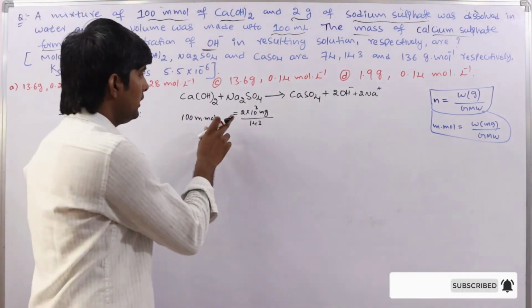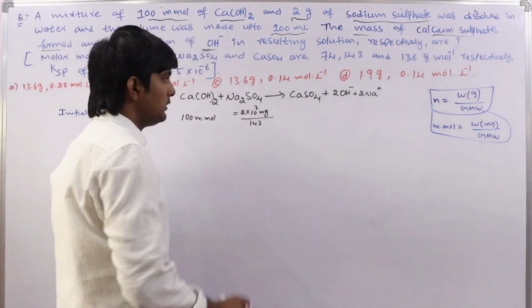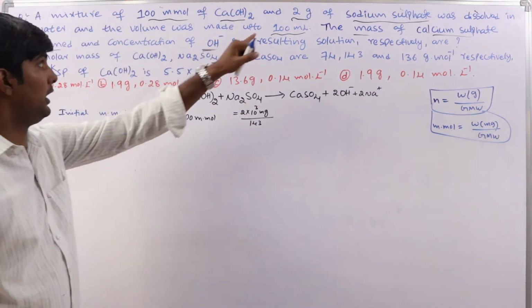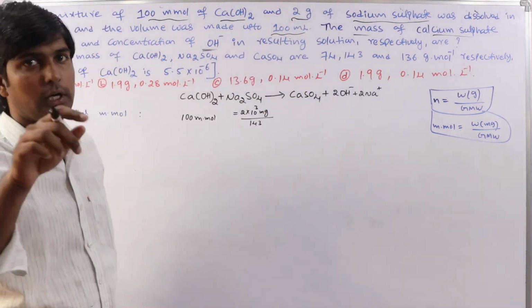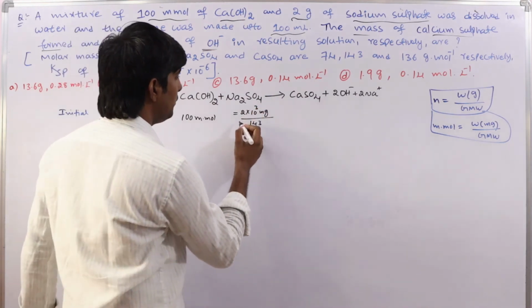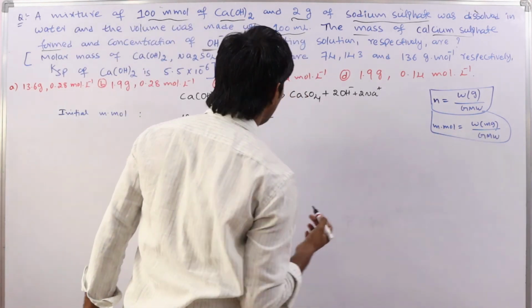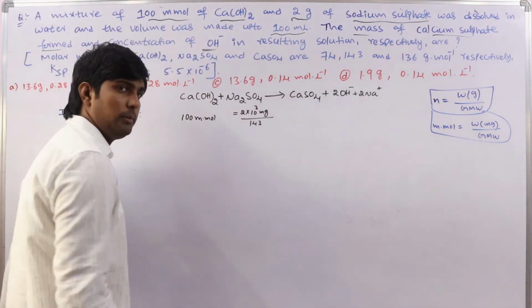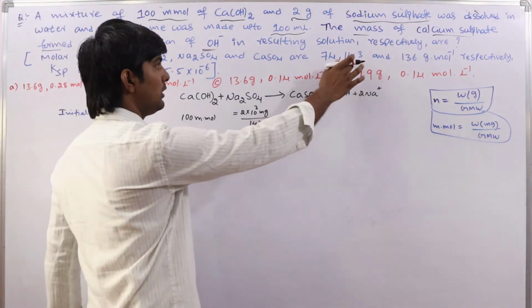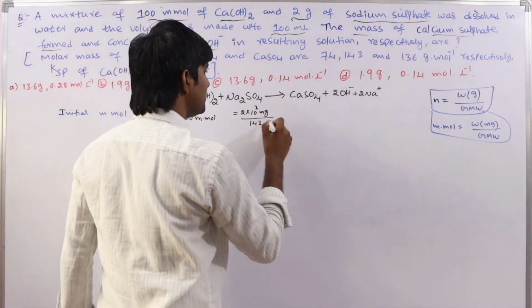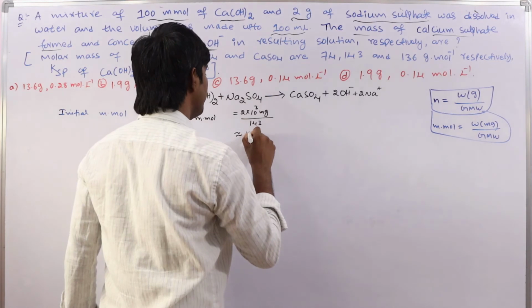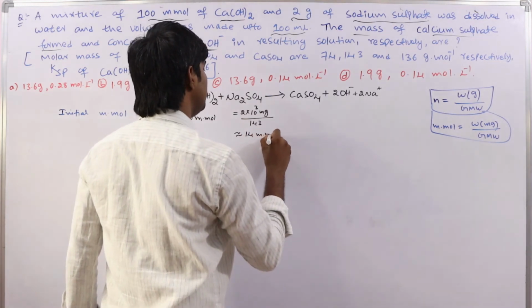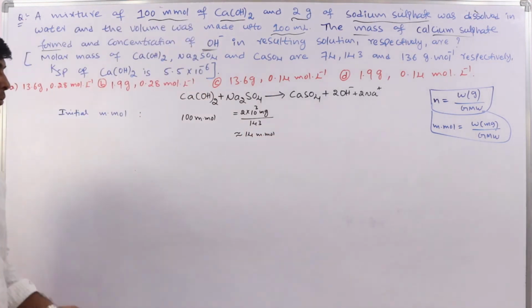So here why we are taking this one? We need millimoles, but they have given weight, that too in grams. So to get millimoles we have to take weight in milligrams. So that's why 2 into 10 power 3 milligram by gram molecular weight. This is approximately equal to 14 millimole.